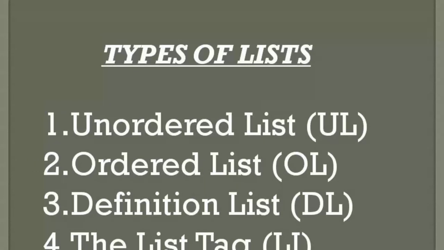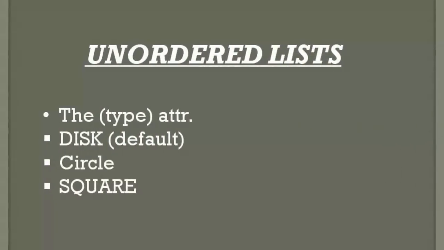As we talked about, the unordered list is the one listed in bullet form. The type attribute is disk, circle, and square, and the disk is the default of the browser.